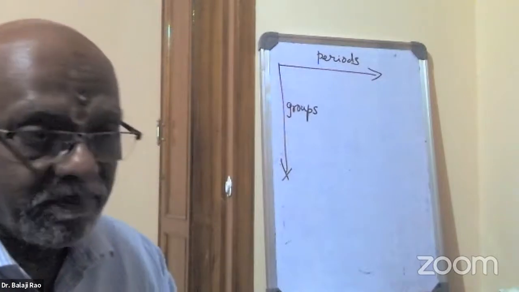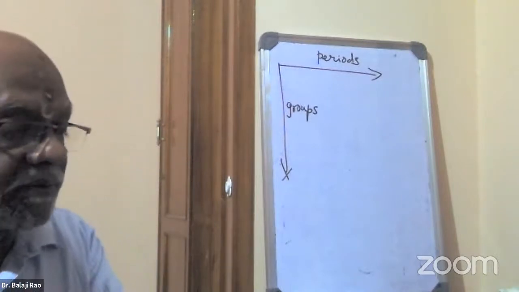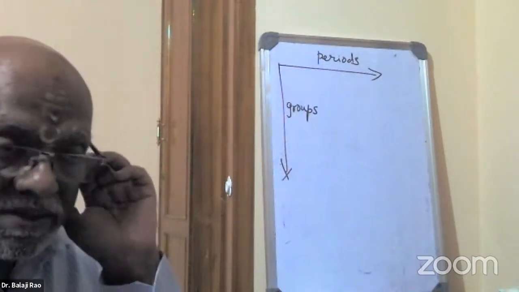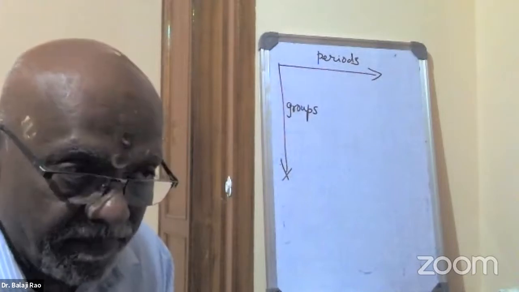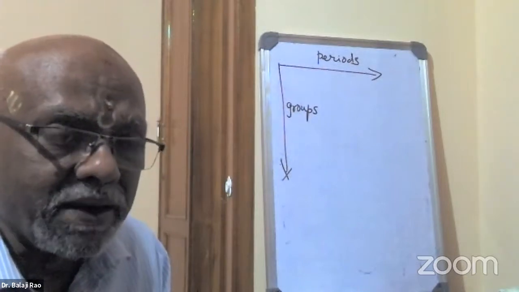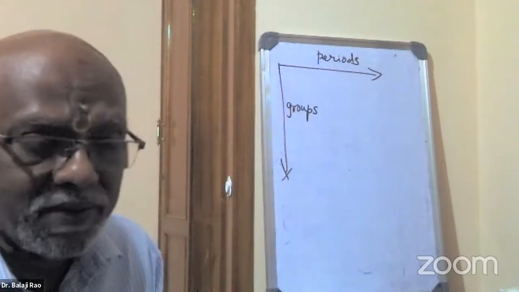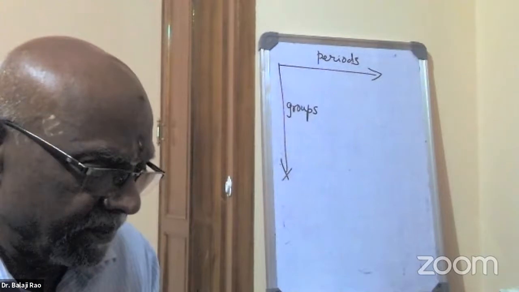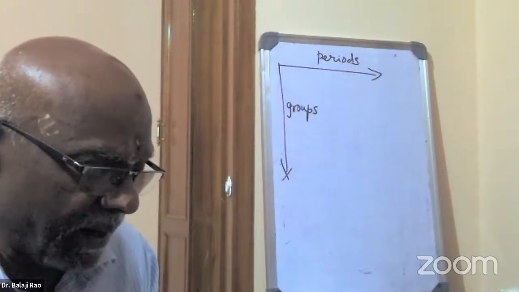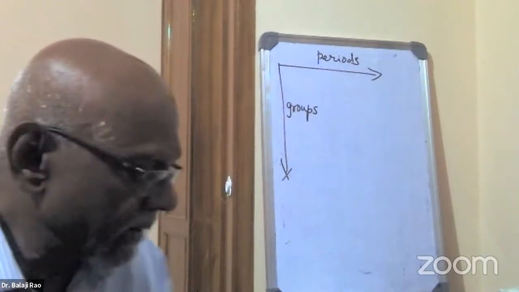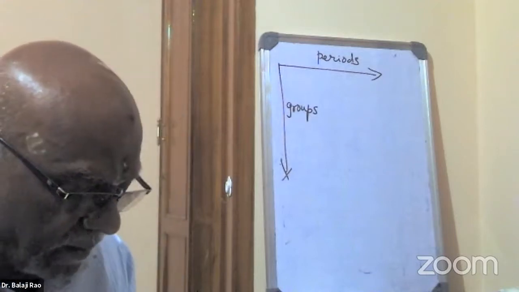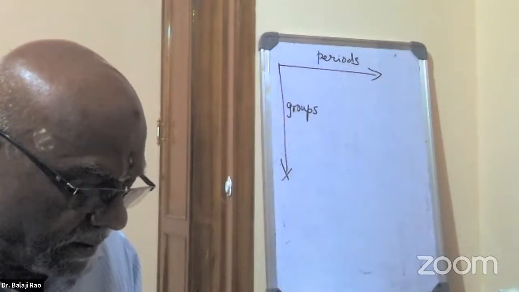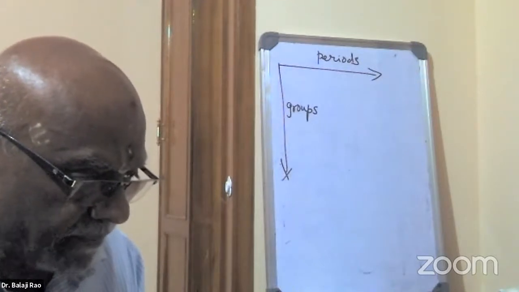Now, there were some challenges that he had to face, like when he started to arrange elements in the increasing order of atomic weights. He found that there were some inverted pairs. He could not account for it. For example, if you look at potassium and argon, argon comes before potassium.